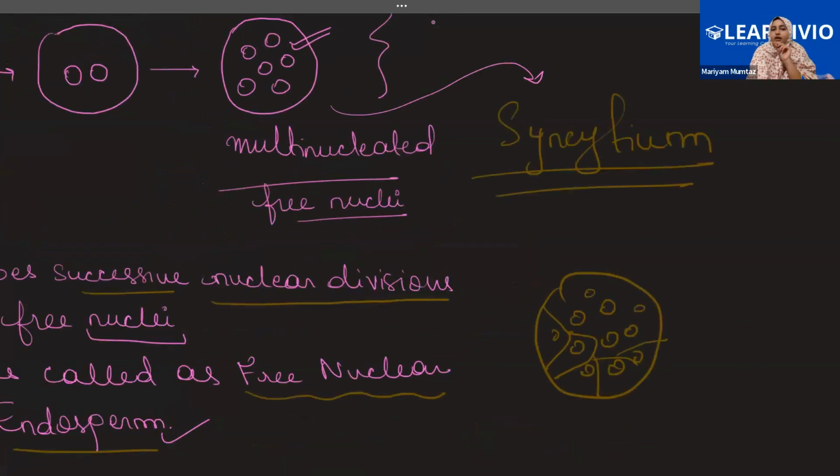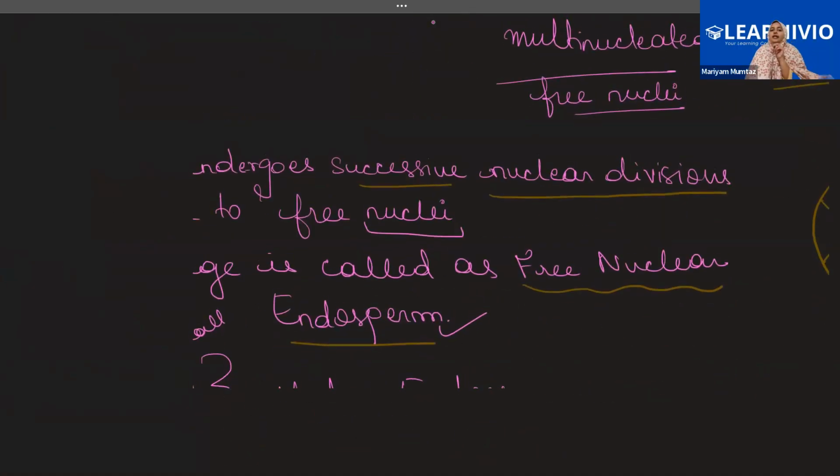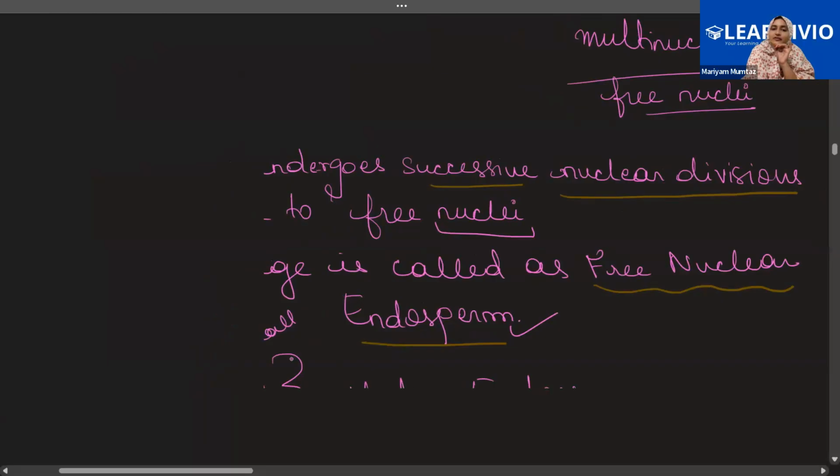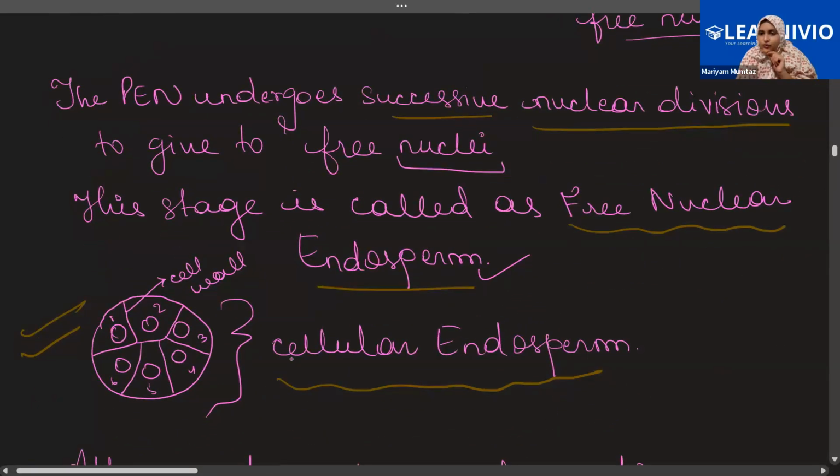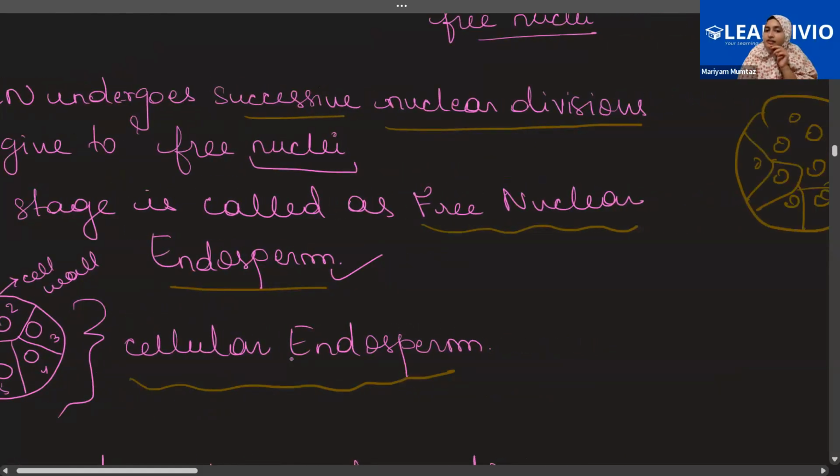Now, the primary endosperm nucleus undergoes successive nuclear division, meaning the nucleus divides, right? And ultimately it forms free nuclei, many nuclei. This stage, when no wall is present in between the nuclei, we call free nuclear endosperm.